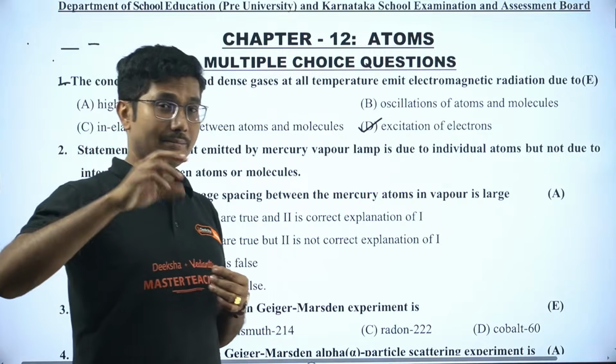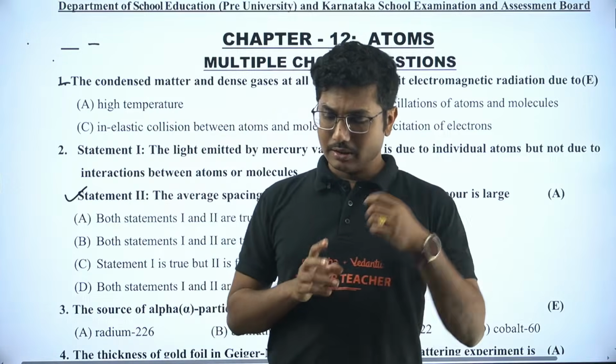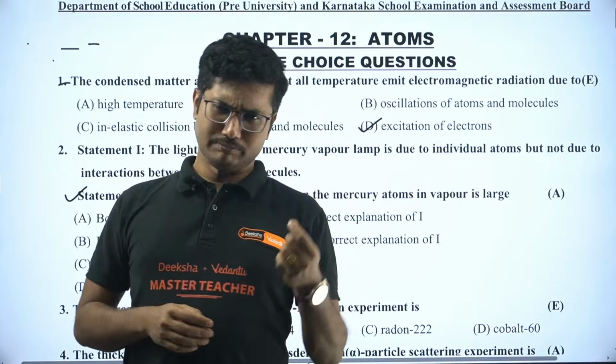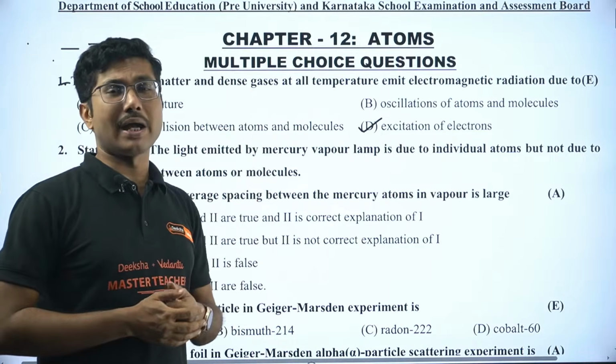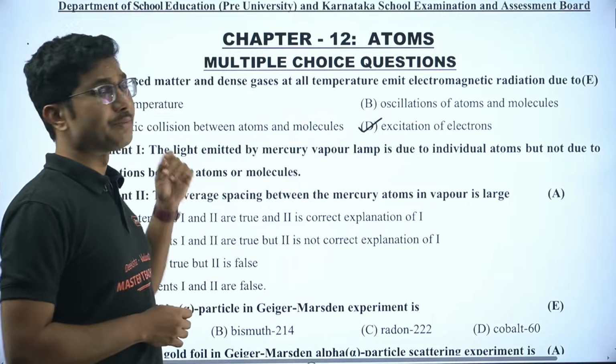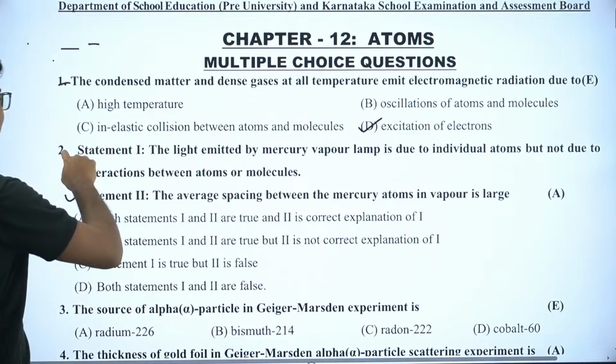You excite the element, it goes from ground state to a higher energy state, and when it comes back from the higher energy state to the ground state, it gives back that radiation. So this is also a correct statement.